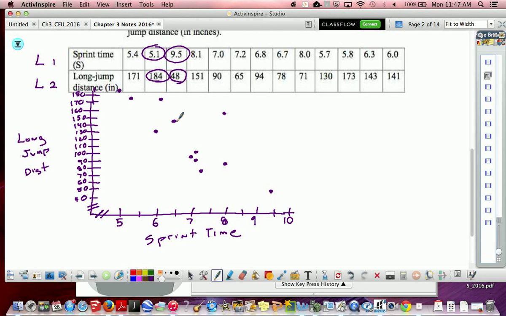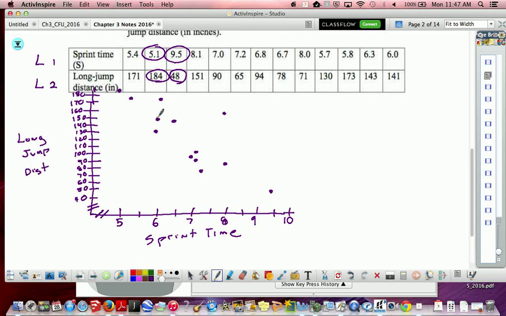And 6.0, 141. I'm just trying to look for, I had a 6.0, 141. There we go, that's a little bit better. I got a little bit off there for a second.